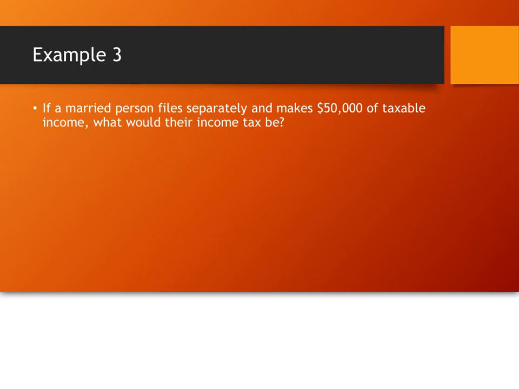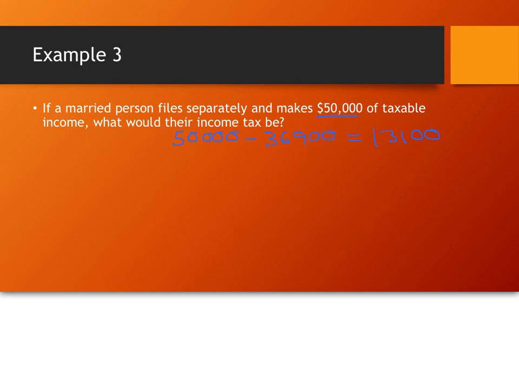So here you have to go look on, again, the married filing separately. And if you look at this, all right, $50,000, that puts us in the over 36,900 again. So 50,000 minus 36,900, that's still 13,100 above 36,900.